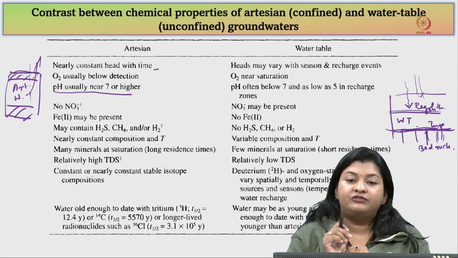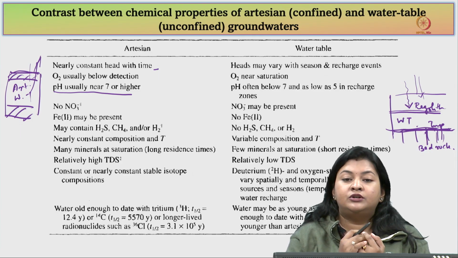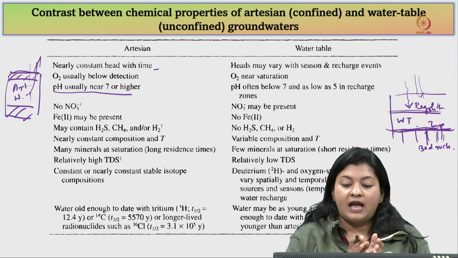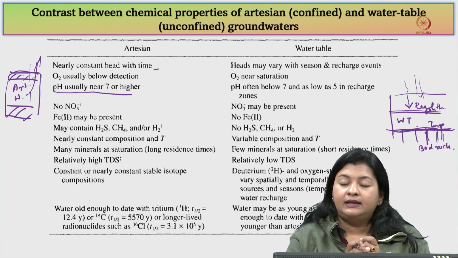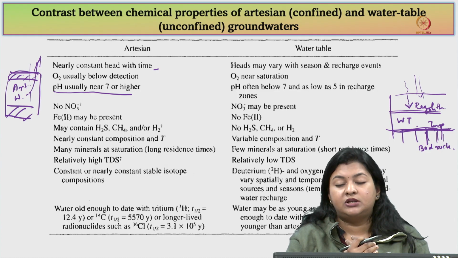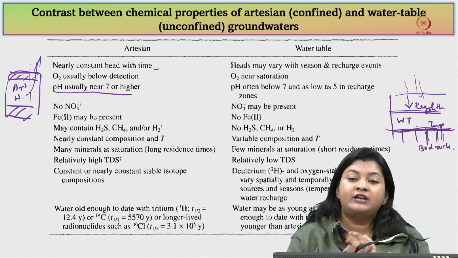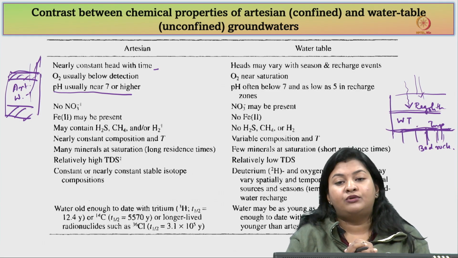So, because of its high contribution from continuous rainwater, its pH will be slightly low, okay, close to 7, and sometimes if the recharge rates are very high, then it can even go down to the pH level of the rain. So, water tables which are more shallow, with high recharge rates, they reflect the rainwater pH as compared to the artesian wells.